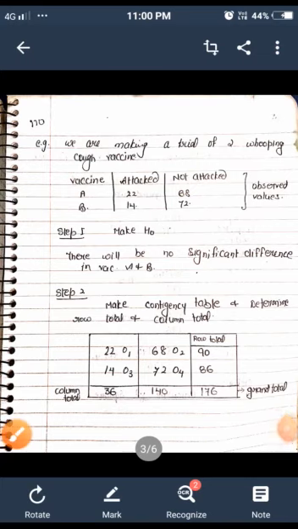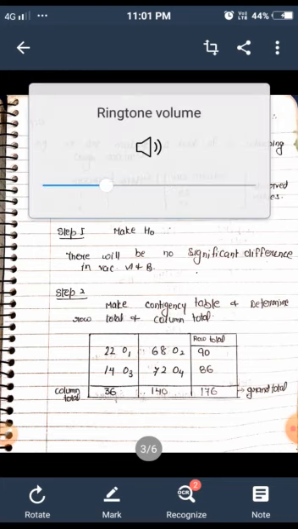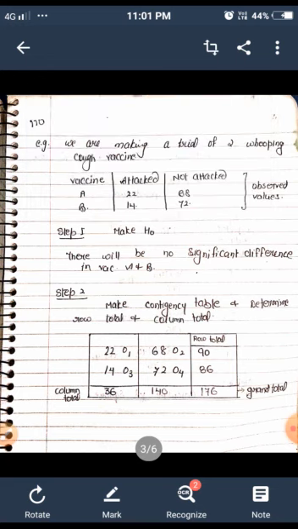Now I'm going to take an example of chi-square. The example is we are making a trial of two whooping cough vaccines, vaccine A and vaccine B. Vaccine A attacked 22 people and not attacked 68.